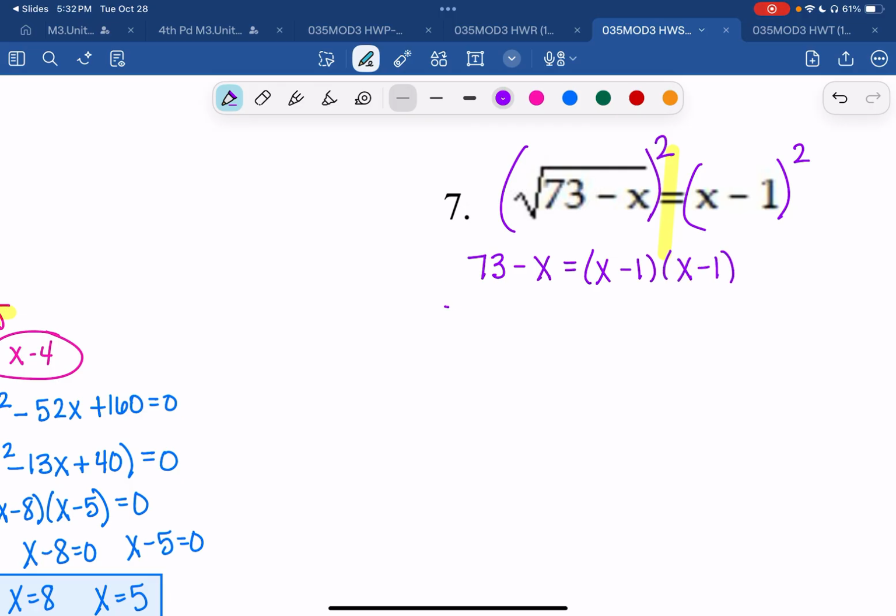So I've got 73 minus x on this side. I'm going to get x squared minus 2x plus 1. I need to clean that up. Okay, so 73 minus x, and I got x squared minus 2x plus 1.